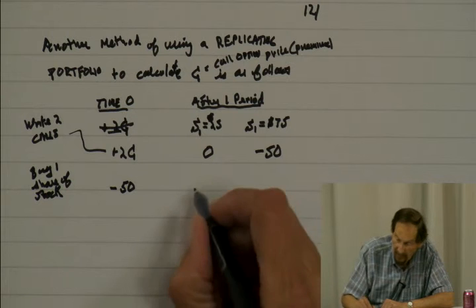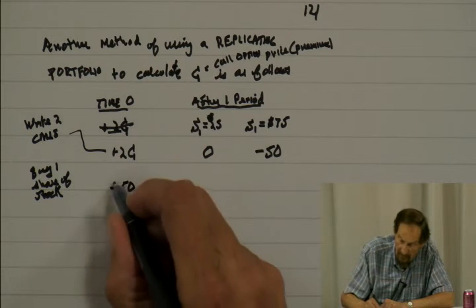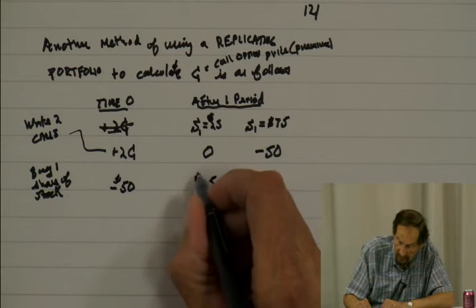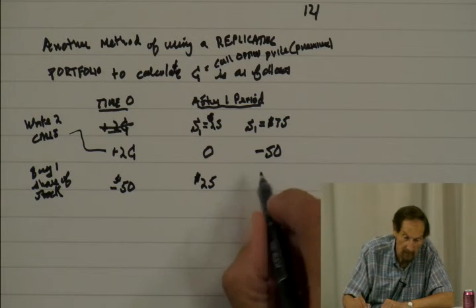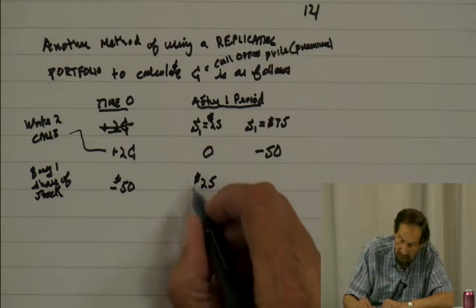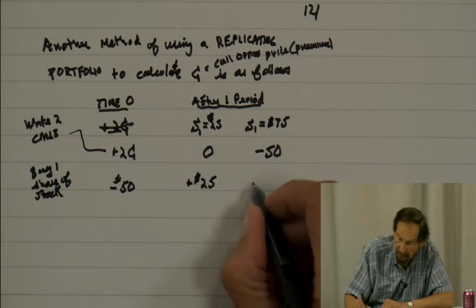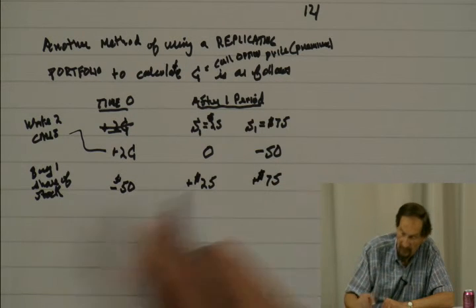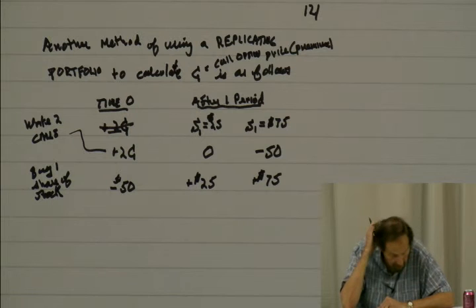And it either goes down to $25 if it goes down, or it goes up to $75. Okay. After one period, it's worth either $25 or $75, depending on if it goes up or down. Okay?